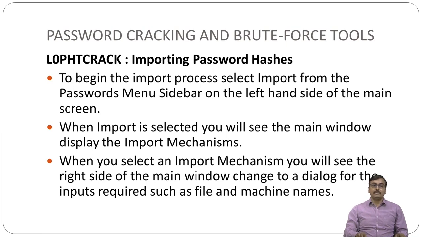When you select an import mechanism, you will see the right side of the main window change to a dialog for the input required, such as file and machine names. So inside we have to provide the machine names, or select that particular targeted machine whose password you want to crack.